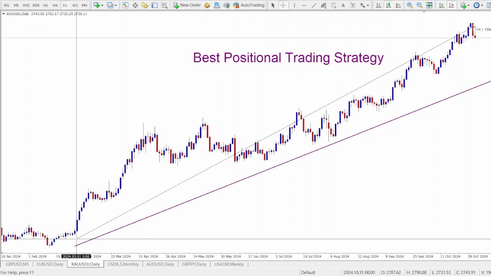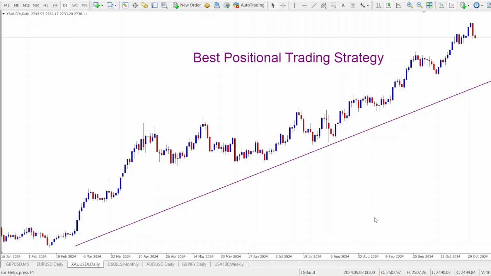It has risen by over 7,500 pips. You can see this is about 7,670 pips. It's a huge move.